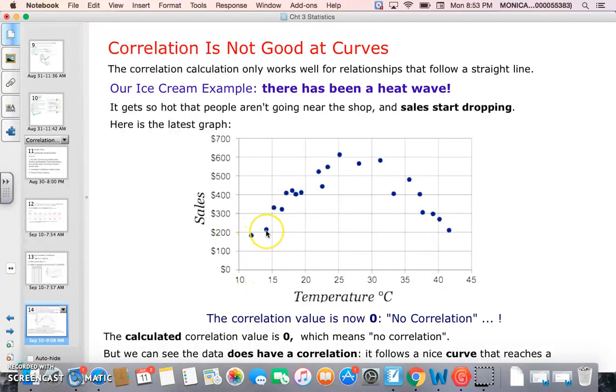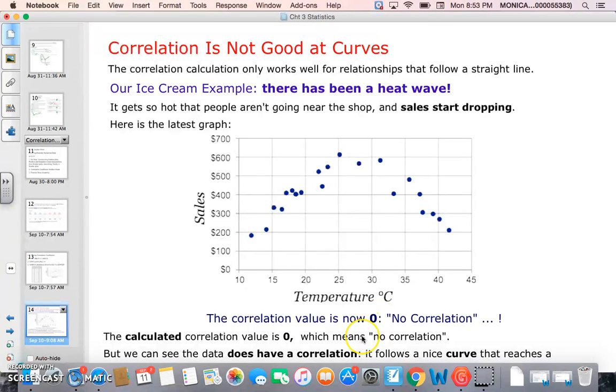This one would be maybe 14, 205. This data point might be like 16 and 310. So you can estimate and put the numbers in for every single data point, going up the curve and coming back down. And what you'll notice is that the correlation is actually 0.